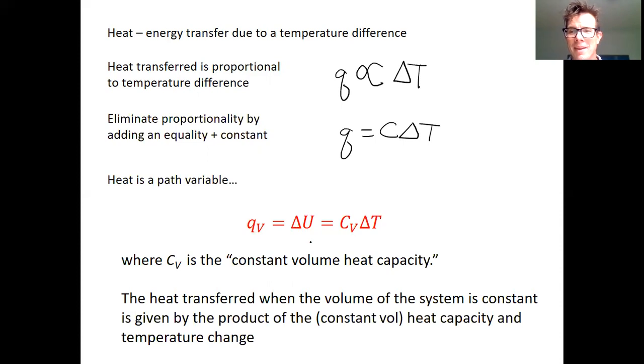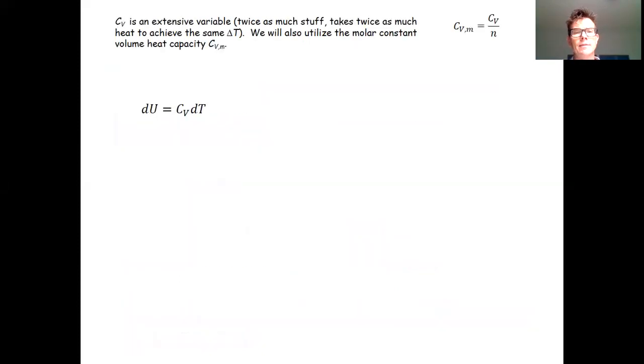That was a little sarcastic. It's going to get complicated here in a second. But this is a really important equation and a good starting point. So let me give you a couple more notes on this constant volume heat capacity. Ignore this for a second. Look at this. CV is formally an extensive variable.